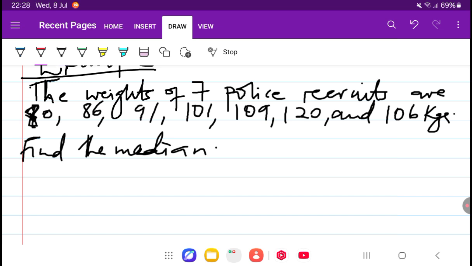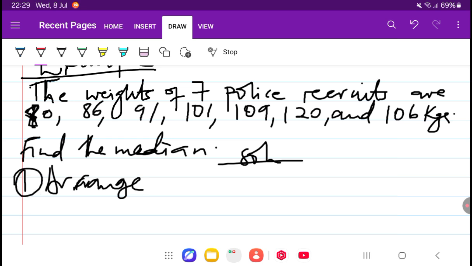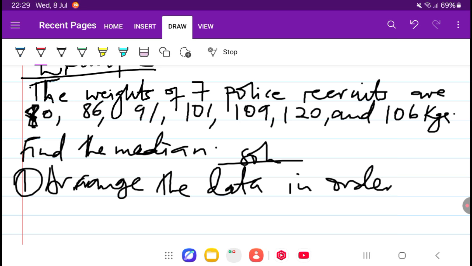So we said the first step is for us to arrange. Let's get a solution. Step number 1 is to arrange the data in order. We start with the smallest and then we end with the largest.